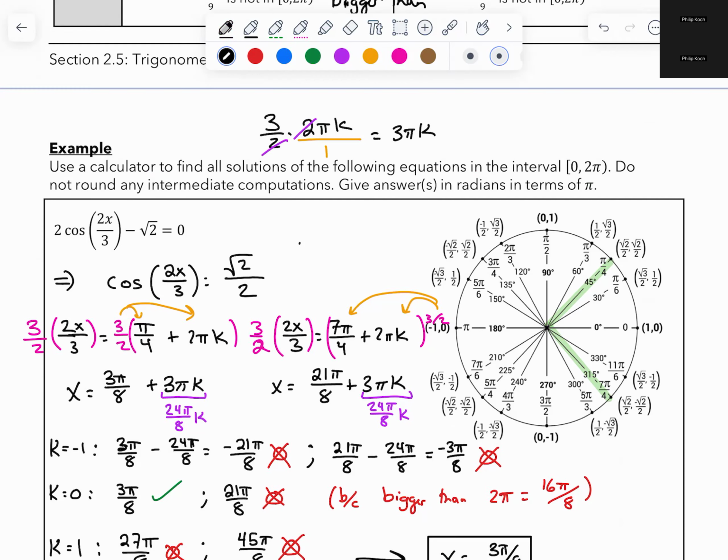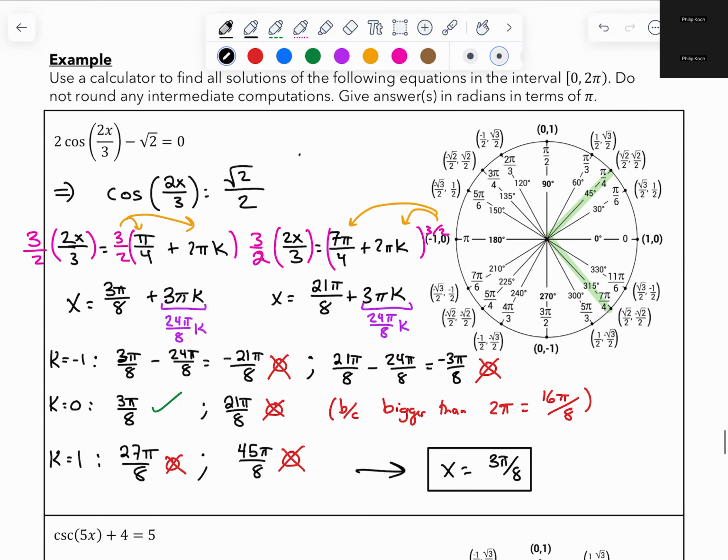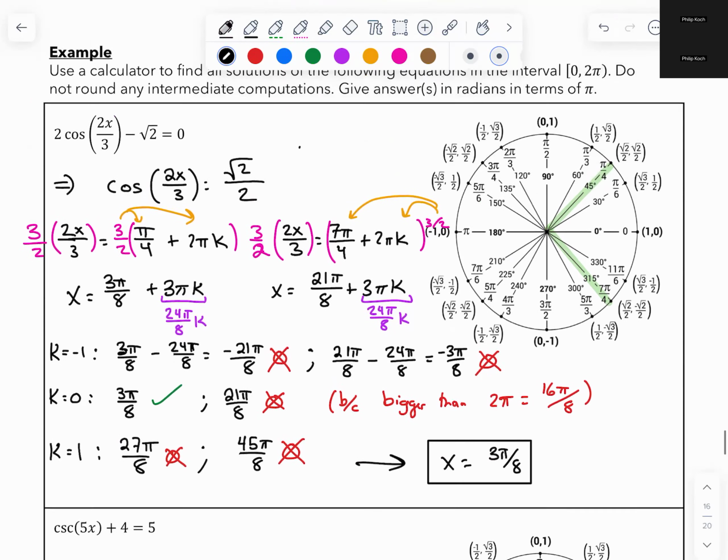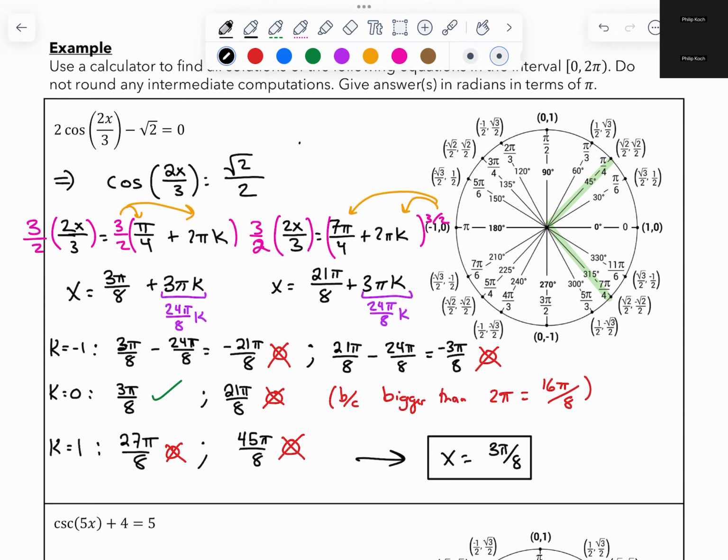At the end of the day, the 21 pi over 8 is not a solution because it's bigger than 2 pi anyway. That's correct. Because it's larger than 2 pi, which is 16 pi over 8, it's already outside of the realm. And that makes sense if you think about it from a graphical standpoint. 2 pi over 3 is a number smaller than 1, right?